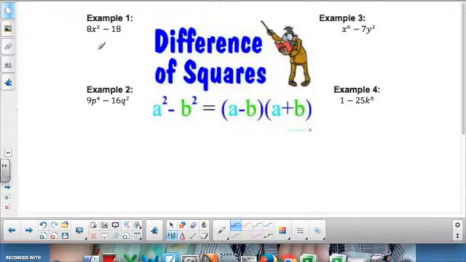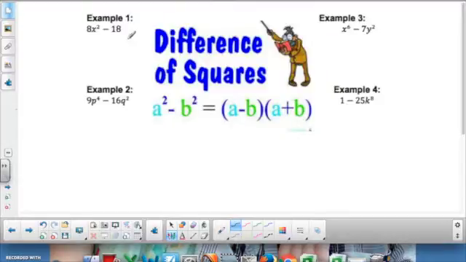So what you're going to do with each of these is identify what your A term is and what your B term is, and then use this rule to factor it. As with every other factoring problem, the first thing you need to do is look to see if you have a GCF, or greatest common factor. When I look at 8 and 18, this is not a perfect square because 8 doesn't break up into an easy 2 times 2 or 3 times 3.